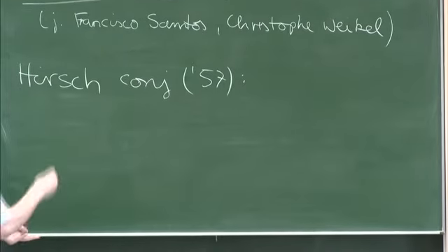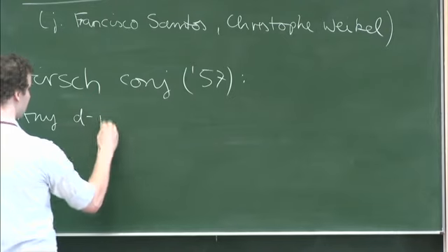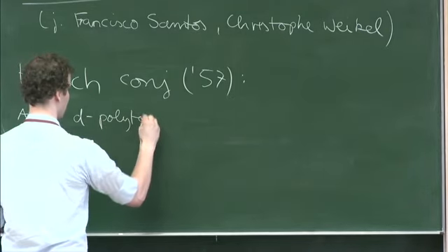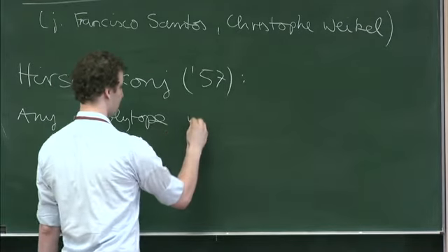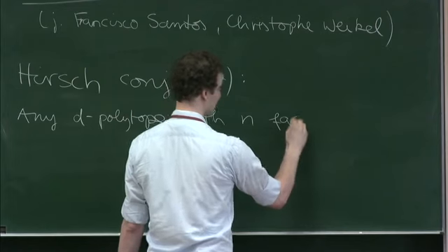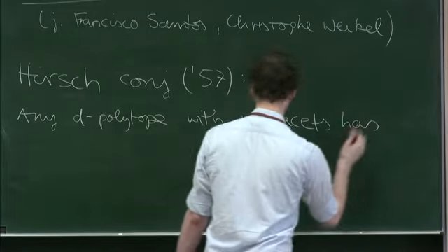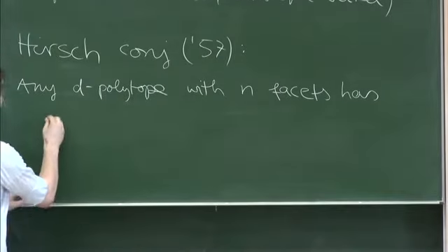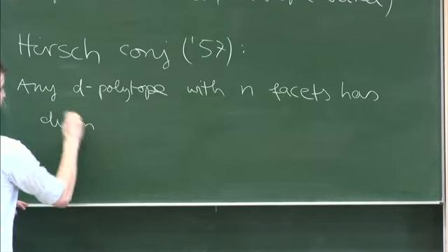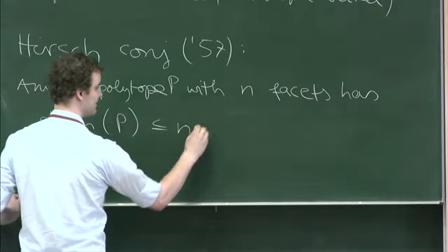It conjectures that any d-dimensional polytope with n facets, so it's given by n linear inequalities, has a diameter, let's call it diameter of P, at most n minus d.